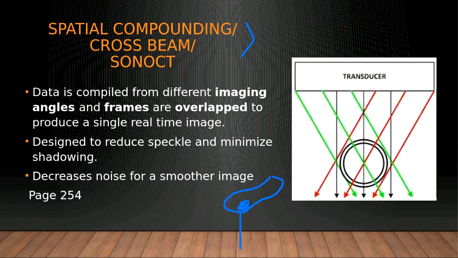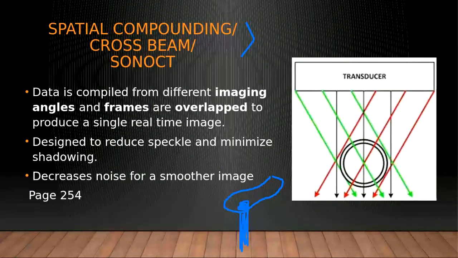So sometimes we prove pathology because it has an associated shadow with it. That tells us a little bit about what we're imaging. So in the case of whether it be a kidney stone or a gallbladder stone or something like that, you do not want to use this enhancement tool.